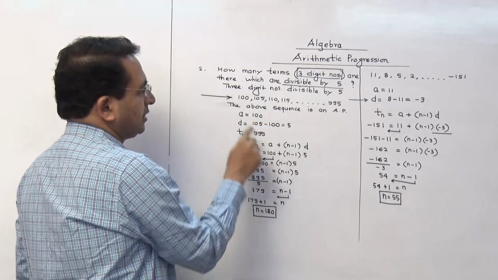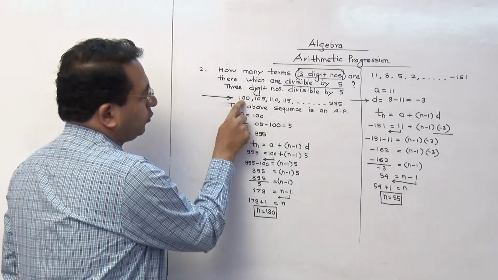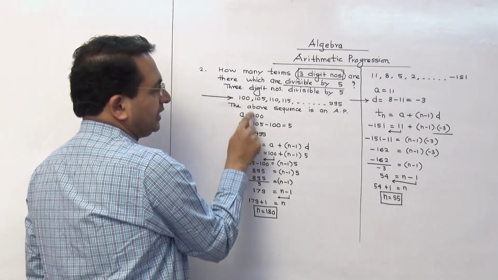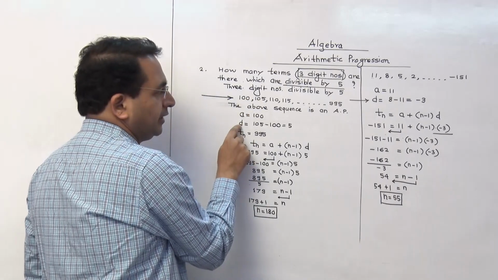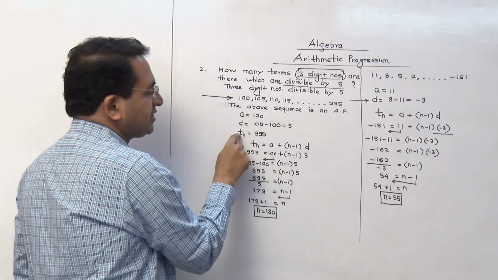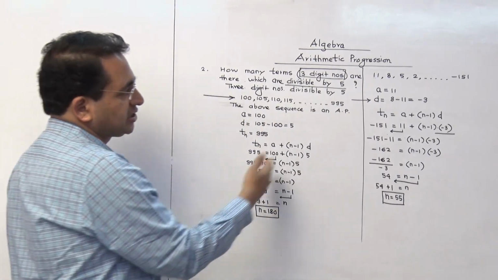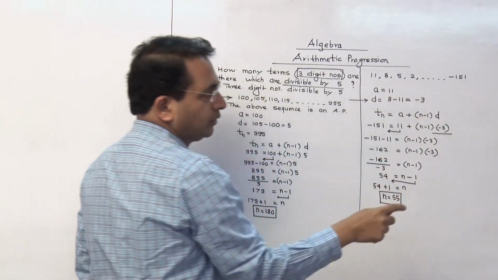For simple reason, in this sequence you can easily make out this is the first term, so write it, A is equal to 100. Then you see the next term and find a common difference, that is D. The last term is considered as Tn. So this question is for finding out N. Even this is the same question, but here the sequence is given to you.